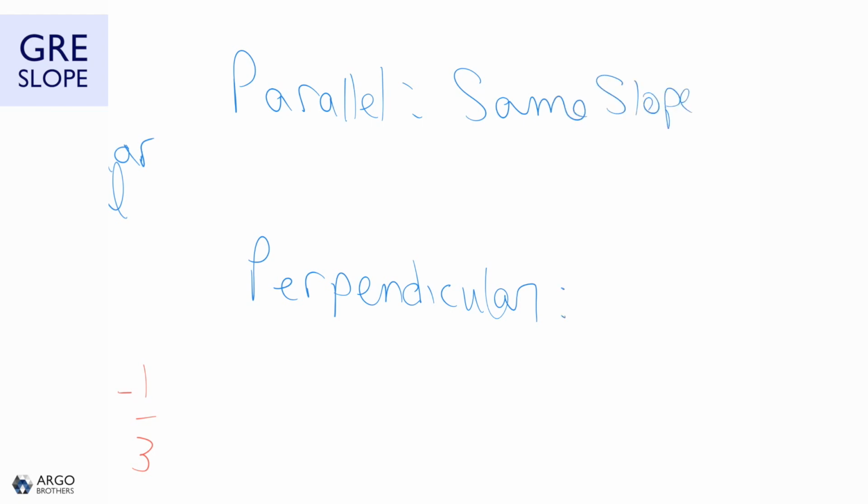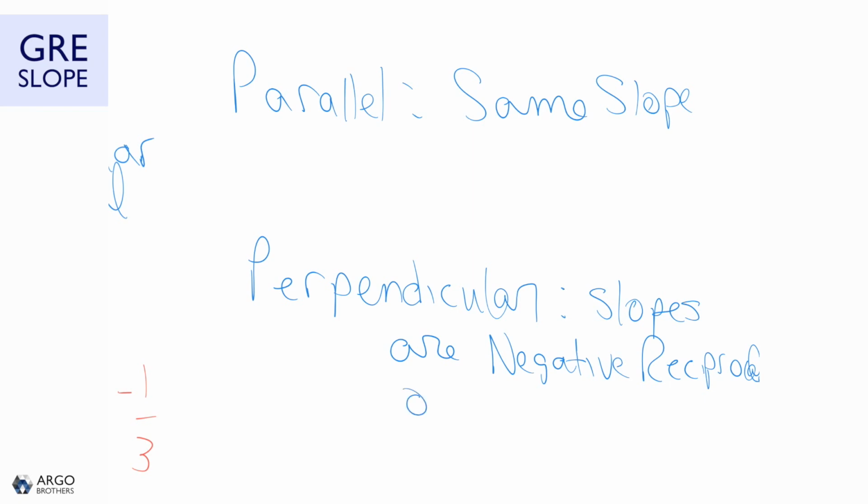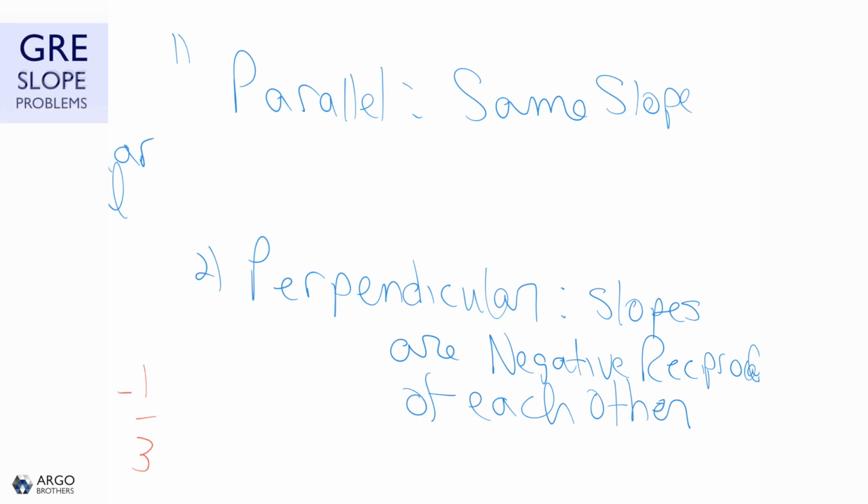And perpendicular means slopes are negative reciprocals of each other. Okay, so if one is 5, then the other one would be -1 over 5. So those are the two ways we're analyzing lines. And in our next video, we'll go over some problems.